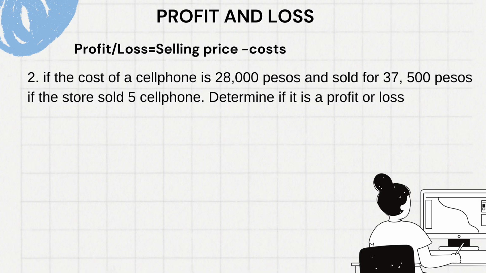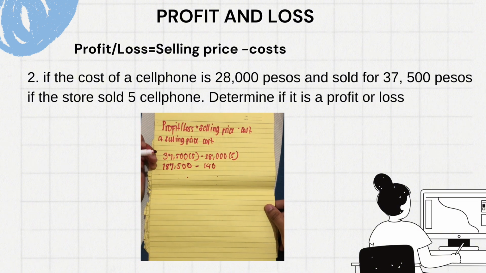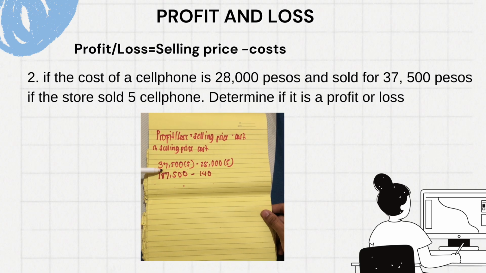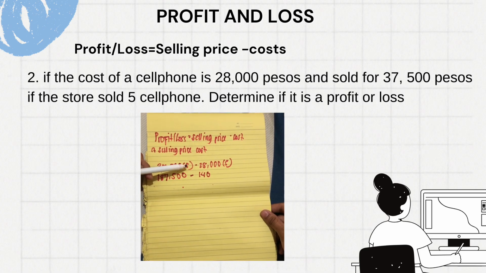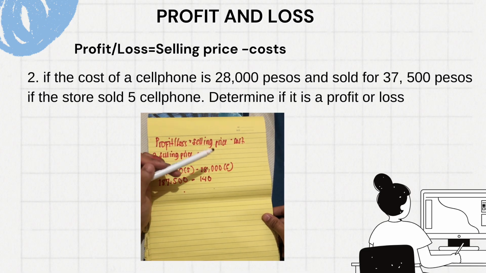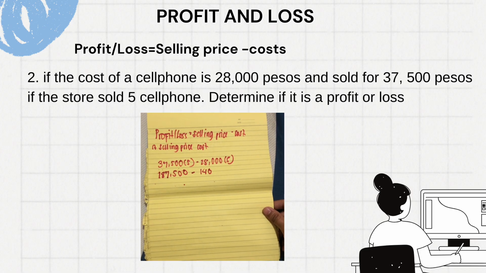Next is number 2. If the cost of a cell phone is 28,000 pesos and sold for 37,500 pesos, if the store sold 5 cell phones, determine if it is a profit or loss. Using the formula, selling price is 37,500 multiplied by 5 minus 28,000 multiplied by 5.